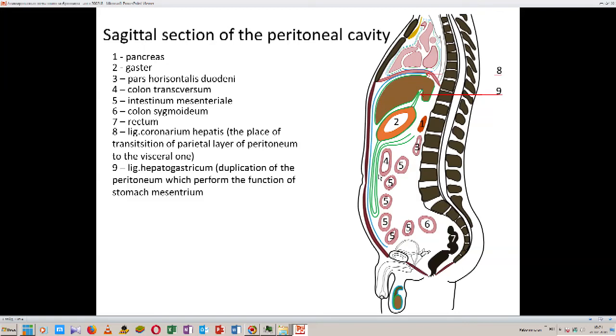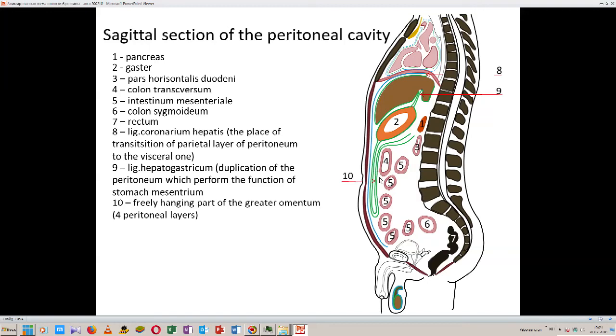Omentum majus. And this part consists of four peritoneal layers. Number 10, omentum majus, or greater omentum, the freely hanging part. So four peritoneal layers.